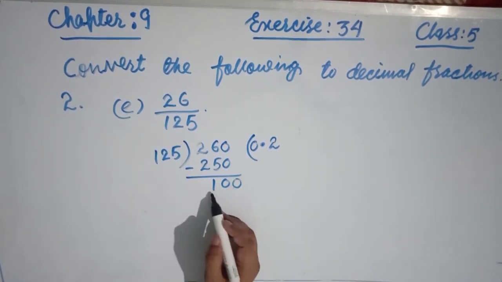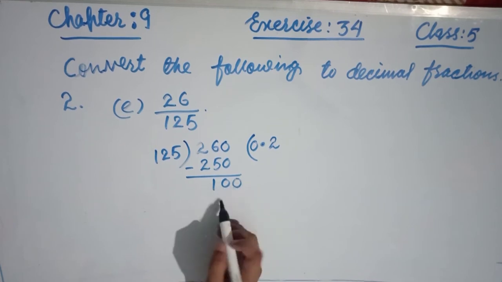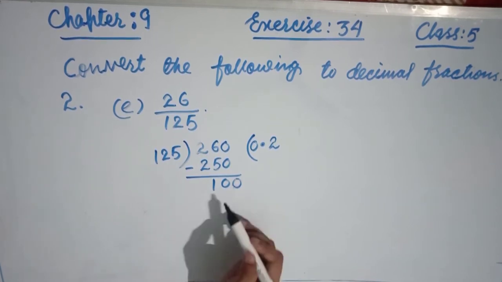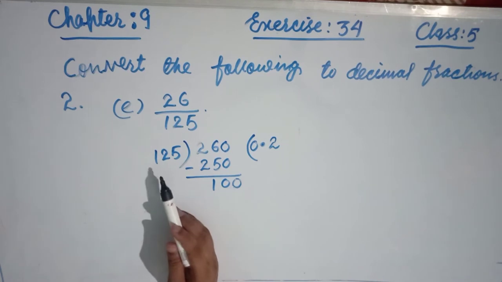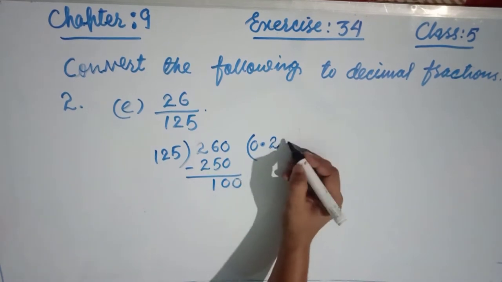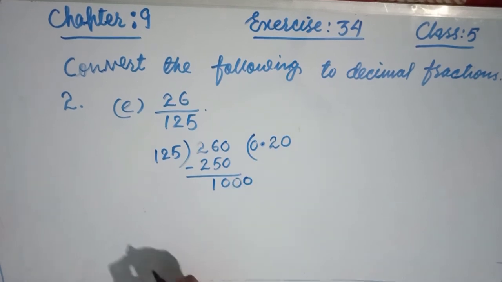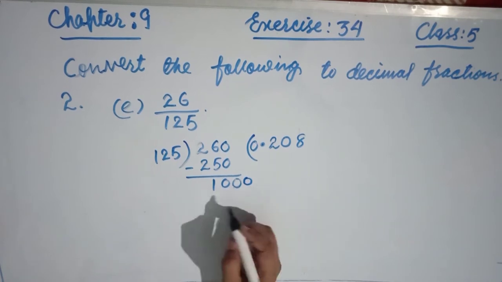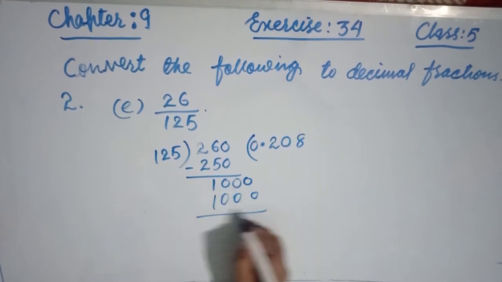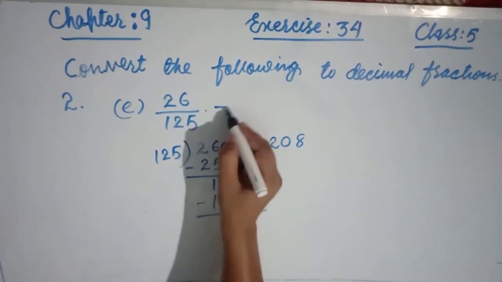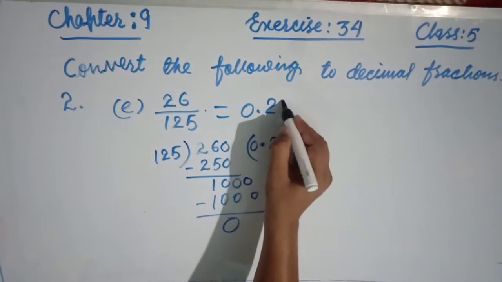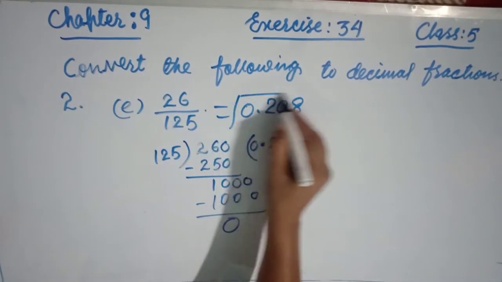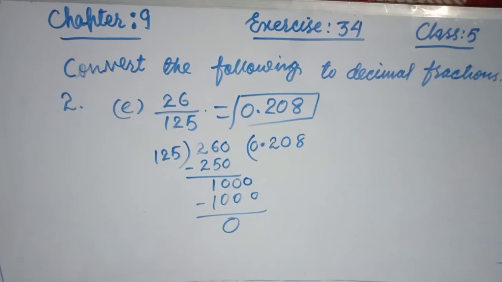Once again we get 100. So 100 is obviously less than this divisor. So we will make this greater than or equal to the divisor. Now in order to make it greater, place here 0, also here 0. Now apply the table. Yes, this is 8 times 125. 8 times is 1000. So this is your answer friends. The answer is 0.208. And look at friends, this is a decimal fraction.